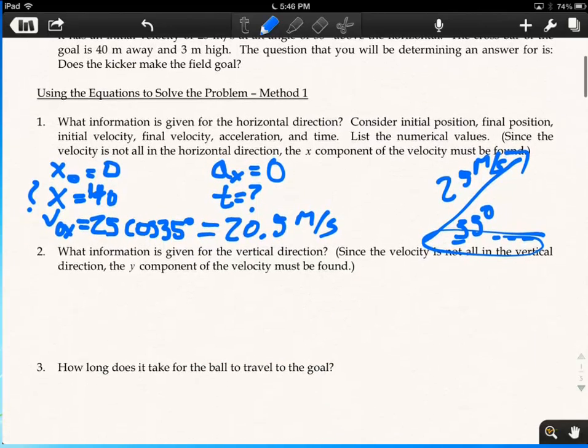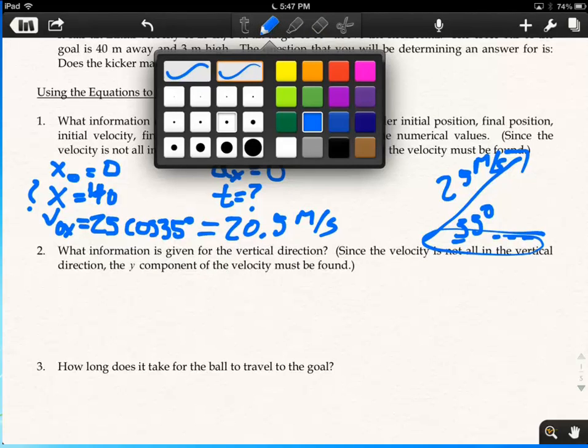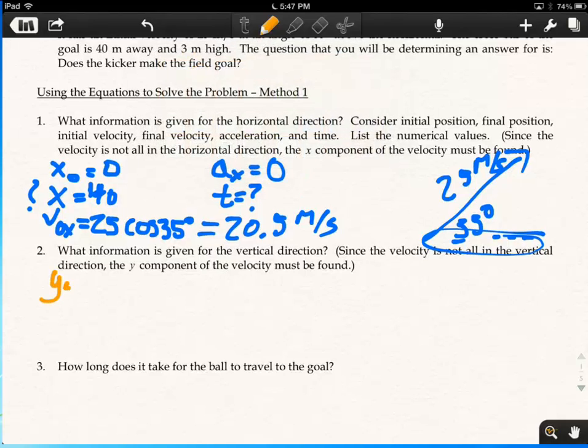Okay, what do we know in y? Well, v naught in y, or I guess I should start that over. Position everything, right? So initial position in y, and since this is in a different direction, I'm going to use a different color. Initial position in y is 0 because it was kicked from ground level. Initial velocity in y is equal to this side of this triangle, so that's 25 sine 35.